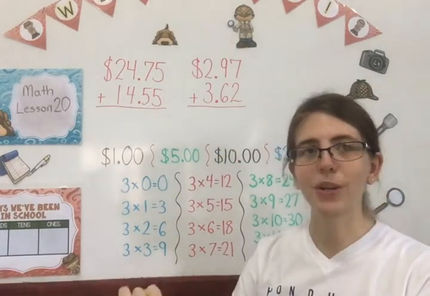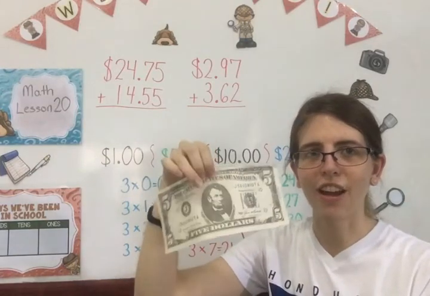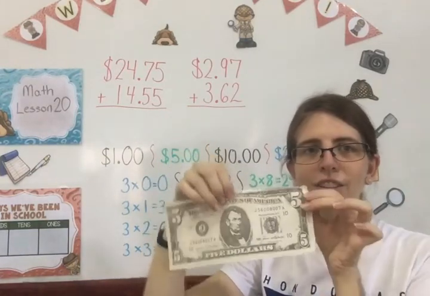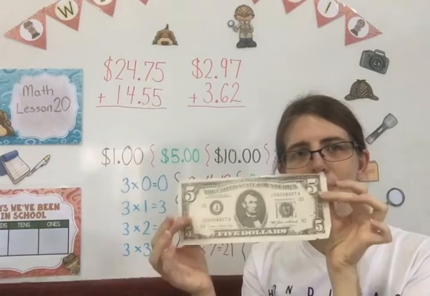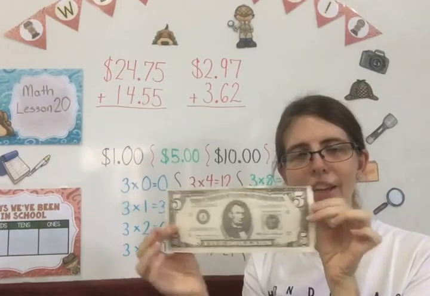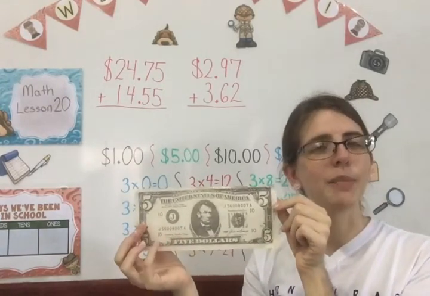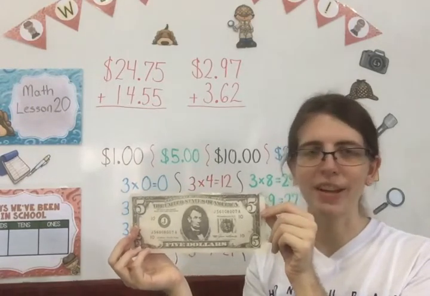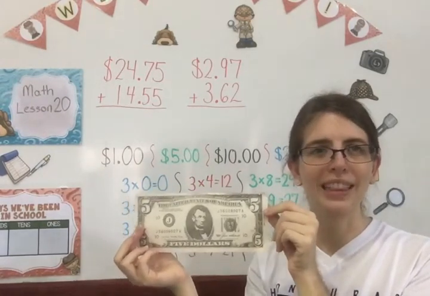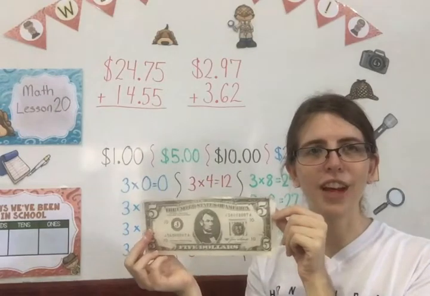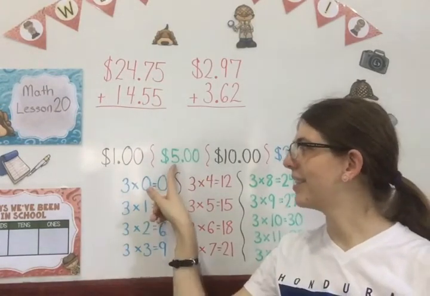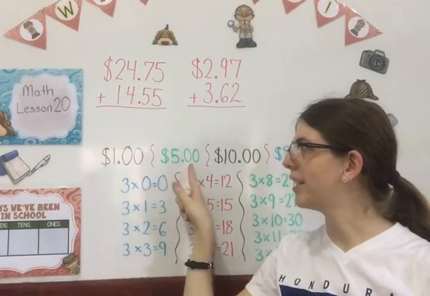The next bill I'm going to show you is $5. Now this one says a nice big 5 on it, and the man there, that's a picture of our 16th president, President Abraham Lincoln. So this is $5, and you would write it like this, $5.00.